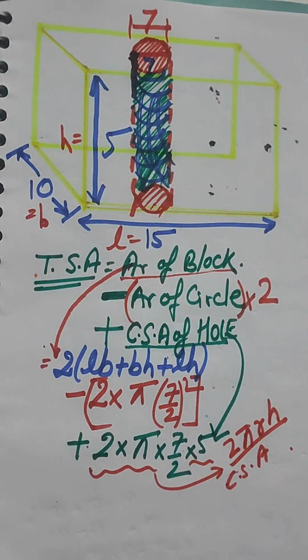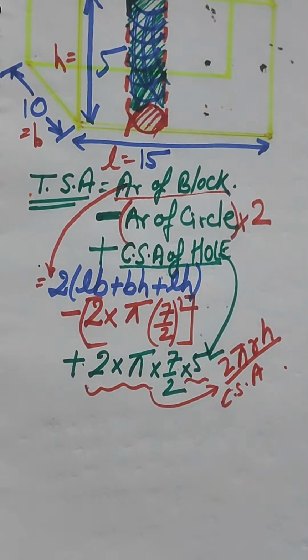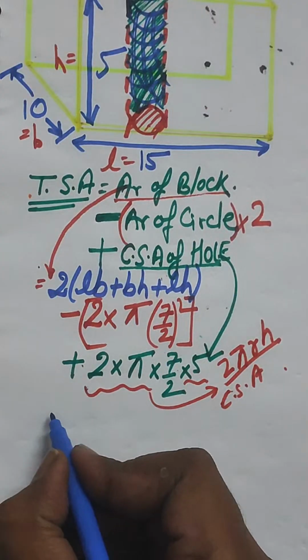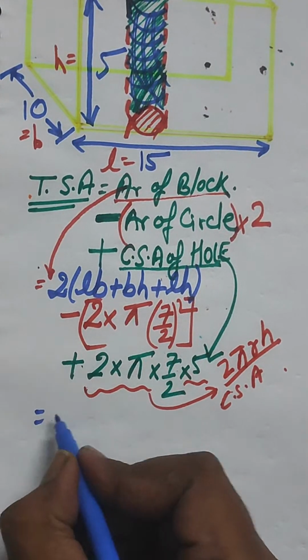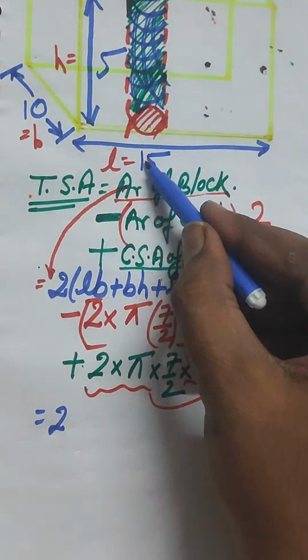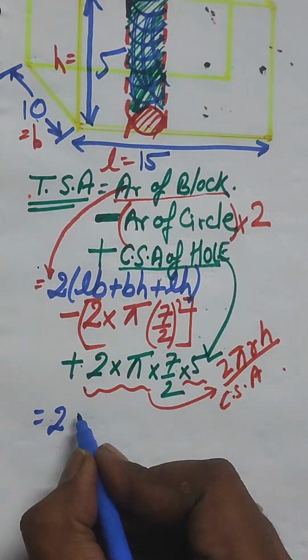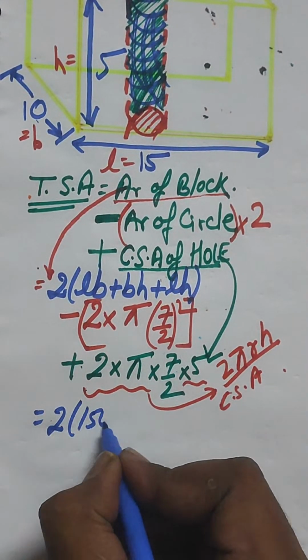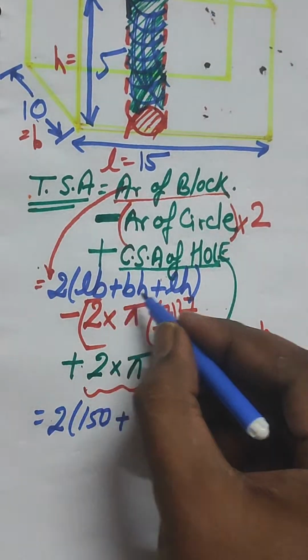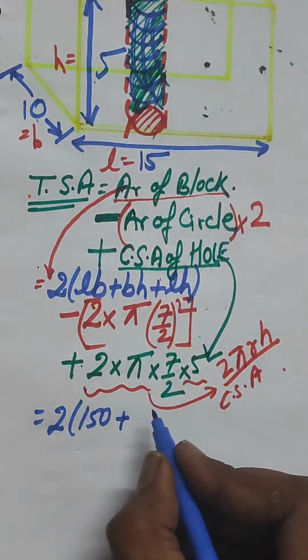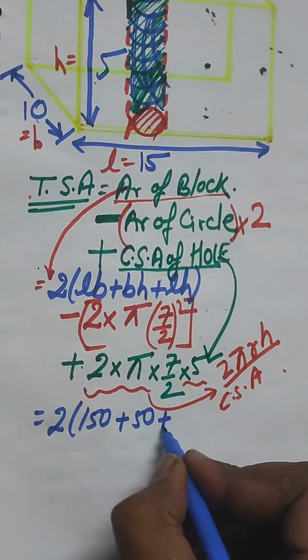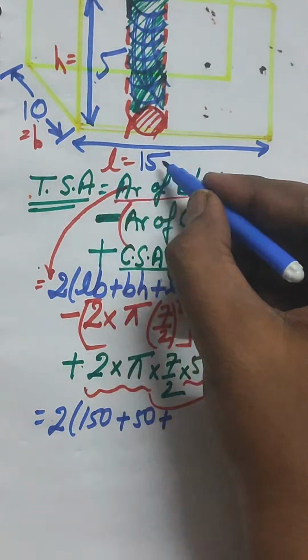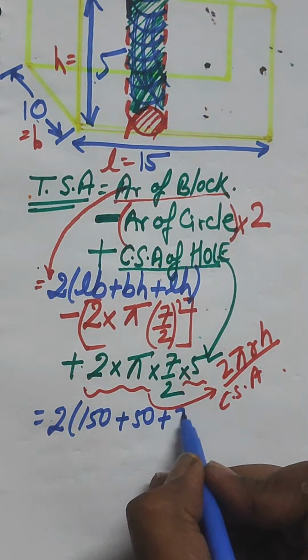Now just solve it. 2 into (LB plus BH plus LH), so this will give you 2 times L into B, that is 15 into 10, which comes as 150, plus B into H, that is 10 into 5, that is 50, plus L into H, 15 into 5, that is 75.